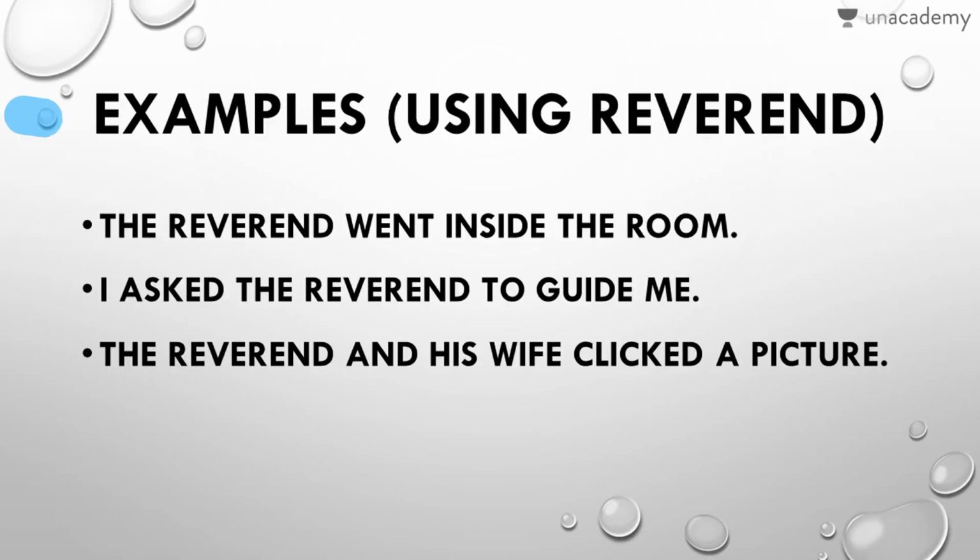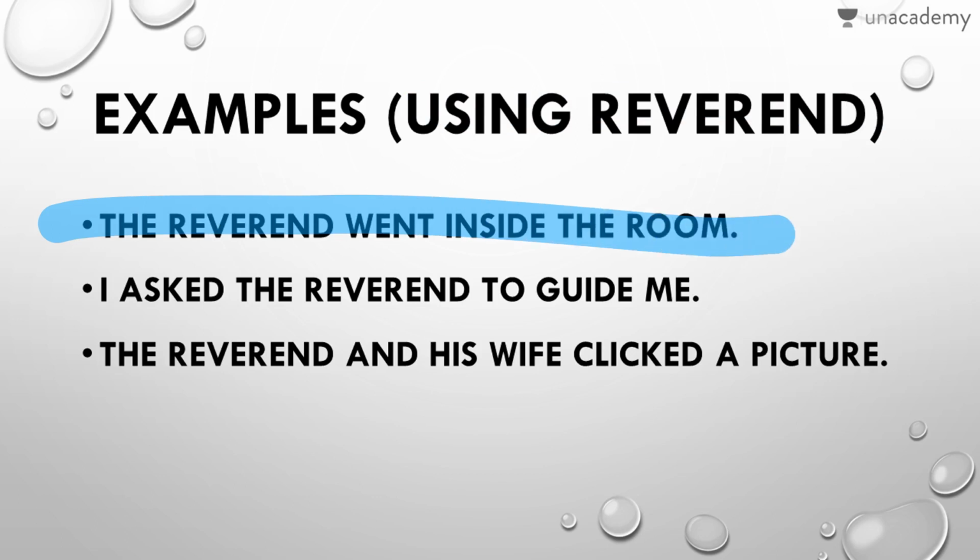Now we will discuss some examples that are using the word reverend. So, here most of the examples are dealing with the meaning that it is a Christian clergy. So, first is the reverend went inside the room. This means the member of Christian clergy went inside the room.